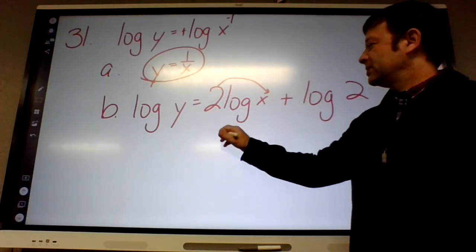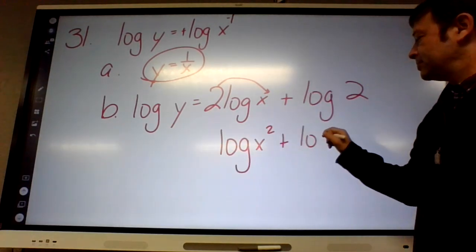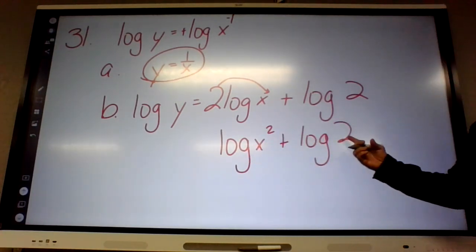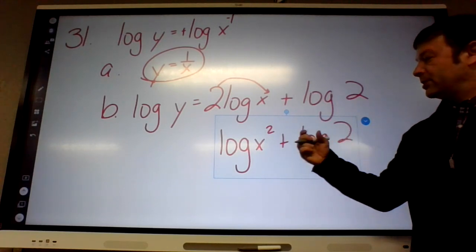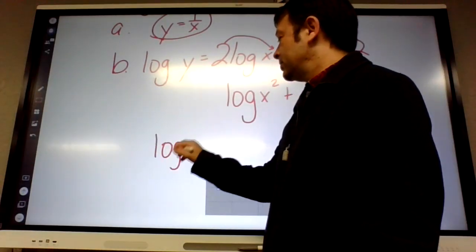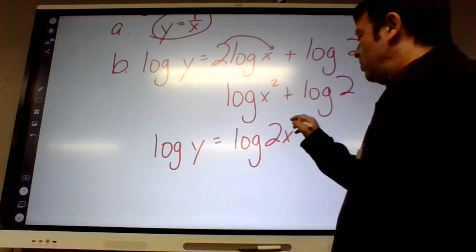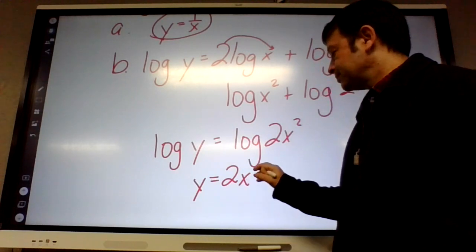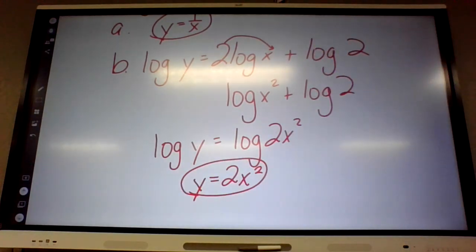Exponent. So it's log of x squared plus log of 2. When we're adding logs together, what do we do with the numbers? Multiply. So it'll be log of 2x squared over here. So log of y. Therefore, y must equal 2x squared.